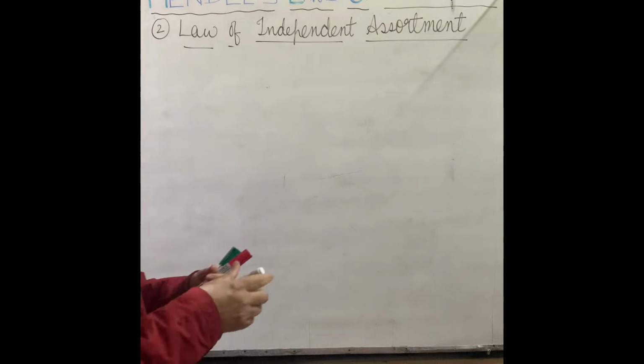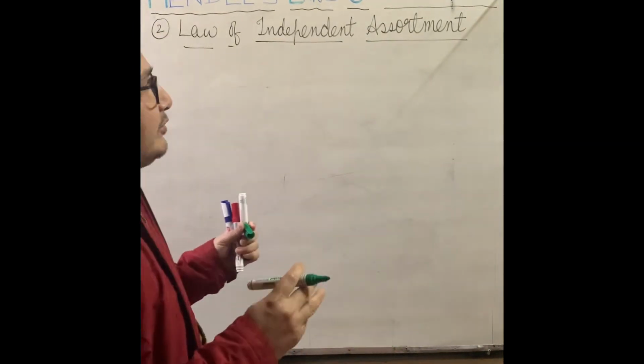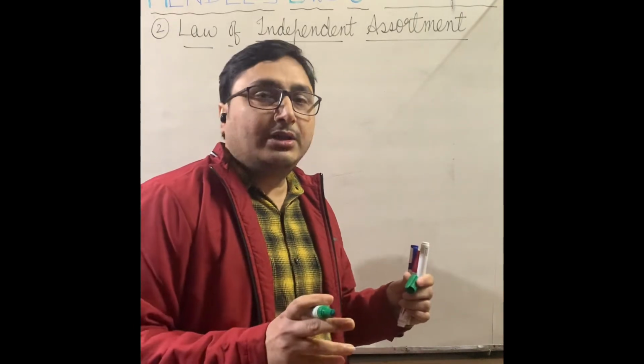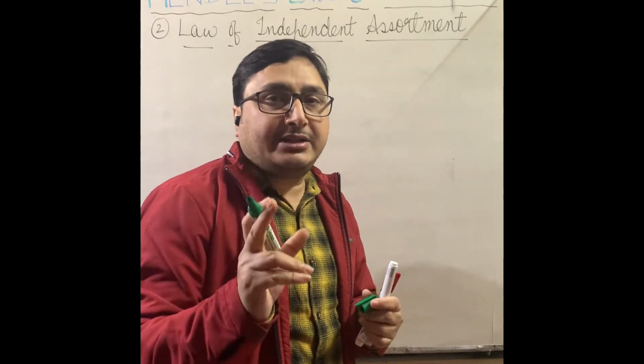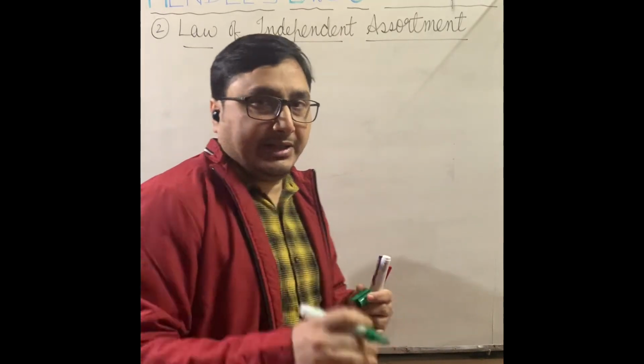For this, let me take a combination. Since we have to discuss a dihybrid cross, we need to take two characters at a time. That means we will be talking about four traits.